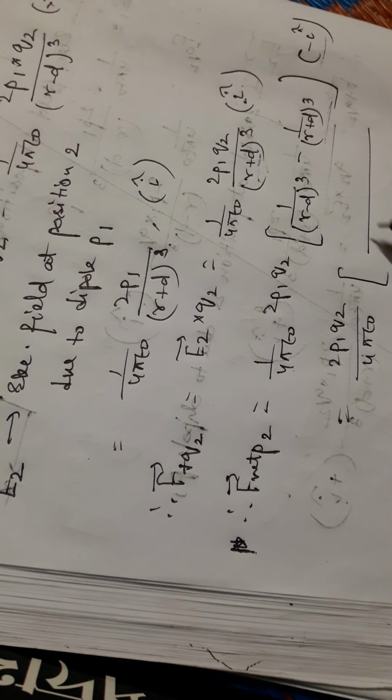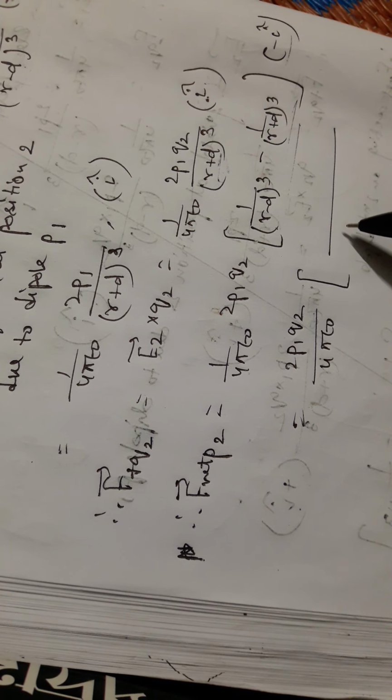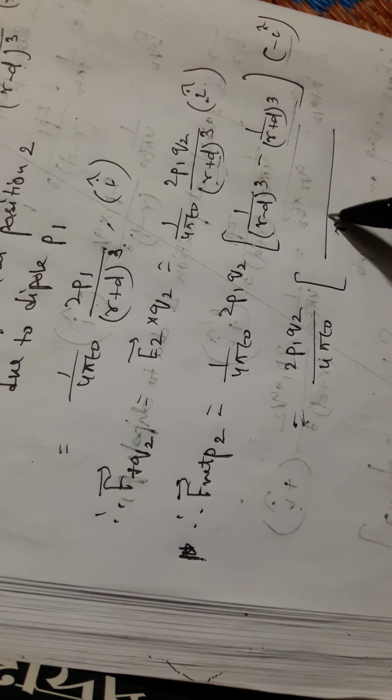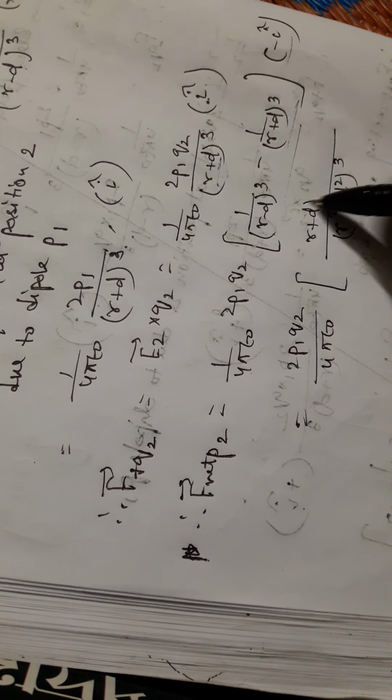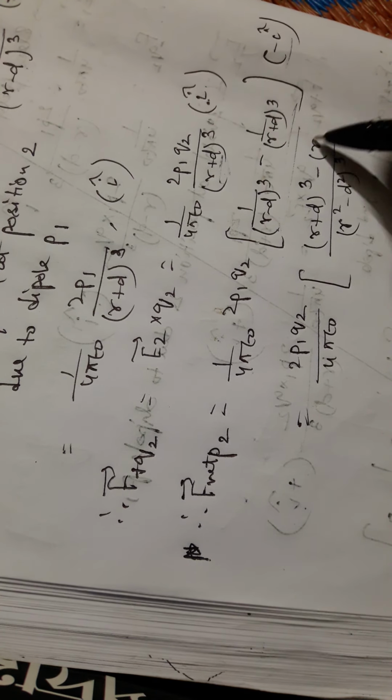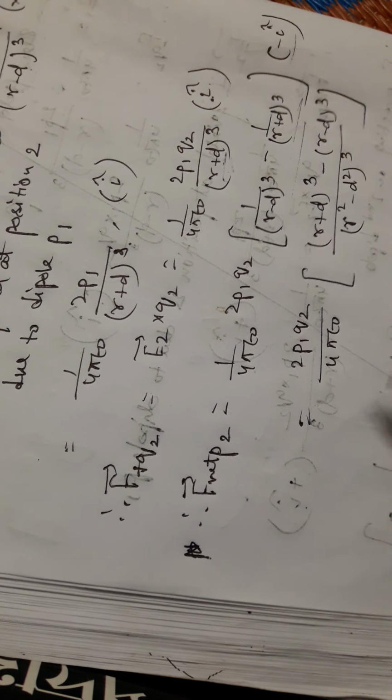If I simplify this, it will come out to be r square minus d square whole cube, times r plus d whole cube minus r minus d whole cube.